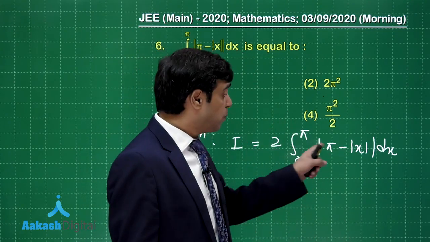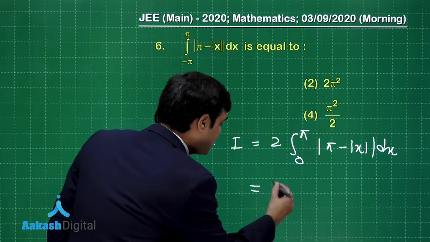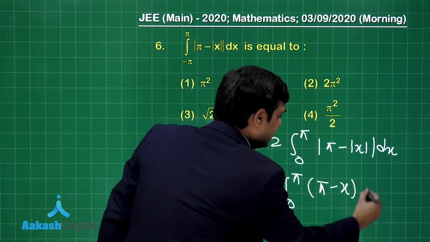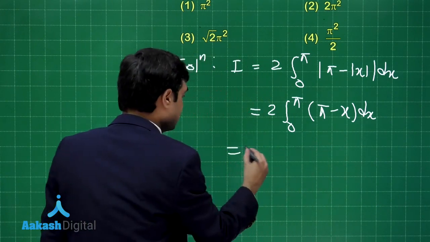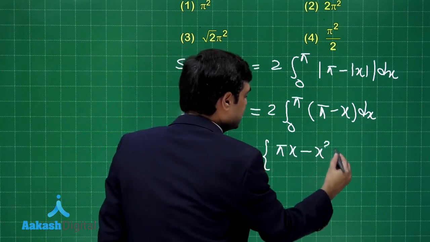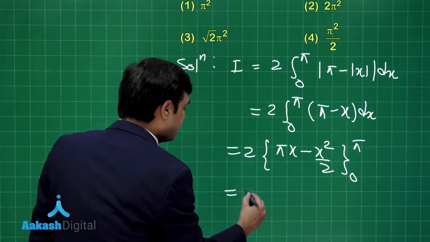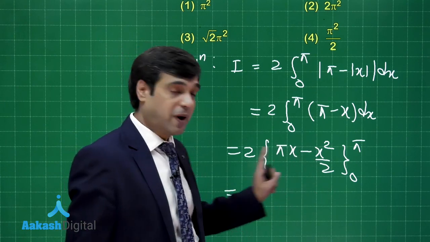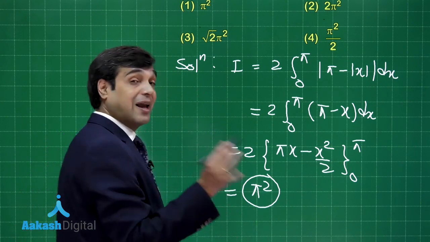Now when it is 0 to pi, pi minus x, its modulus is also the same. So yes, it is 2 times 0 to pi, pi minus x dx. Integrate it. This is twice of pi x minus x square by 2, 0 to pi. Put this value, you get pi square minus pi square by 2, that is pi square by 2 into 2, giving you the result as pi square.